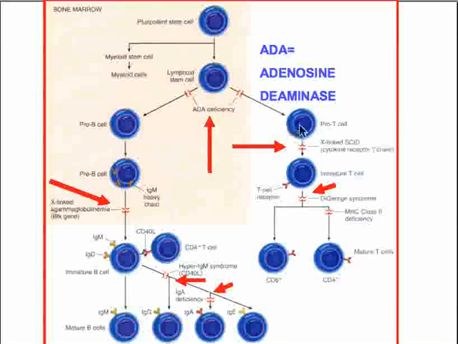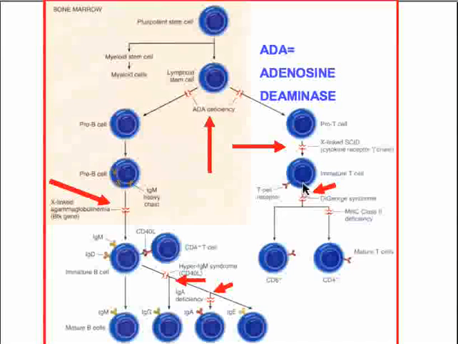Let's say that your pro-T cell could not differentiate into an immature T cell because of another genetic problem involving a protein, which was a cytokine receptor gamma chain. Well, now you're talking about a severe defect, or it would certainly be more severe than something that happened to the progeny of that cell.